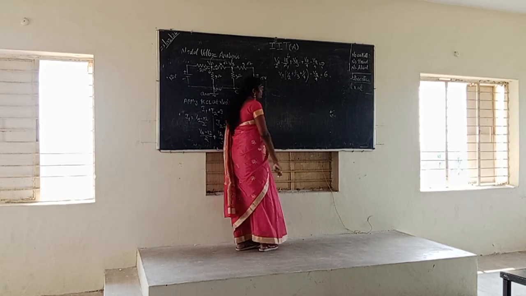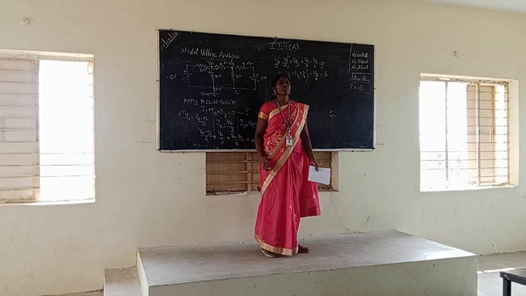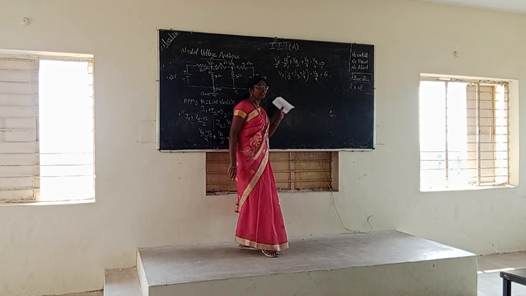So solve and tell me, 1 by 2 plus 1 by 3 plus 1 by 4, what is it? We need to take the LCM or just put it in the calculator.